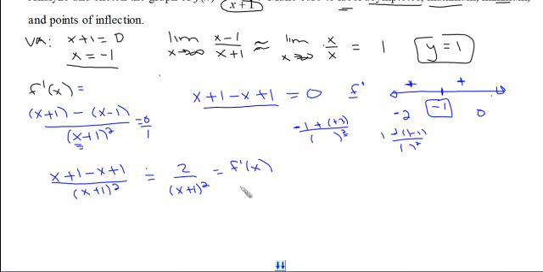So I'm going to take my second derivative. I'm going to rewrite this as 2 times (x plus 1) to the -2. So the second derivative would be -4 times (x plus 1) to the -3, the derivative of the inside being 1, and then subtracting 1 from the exponent, so I get -3.